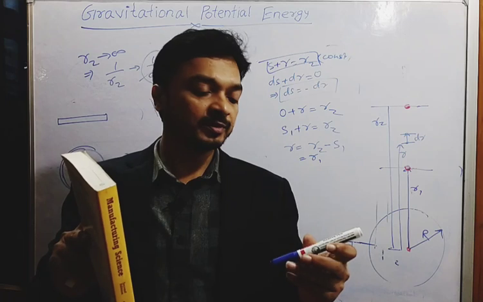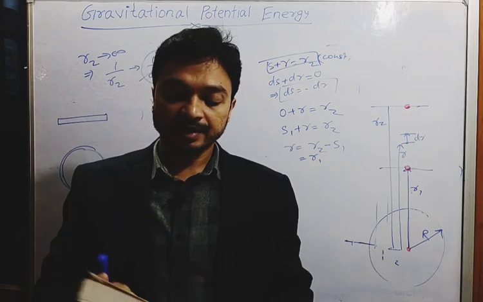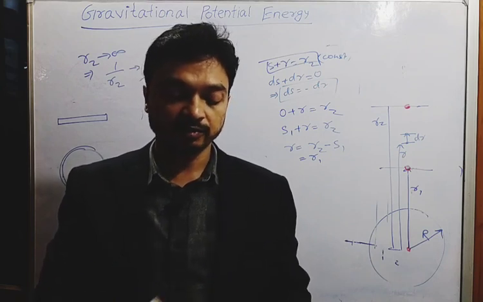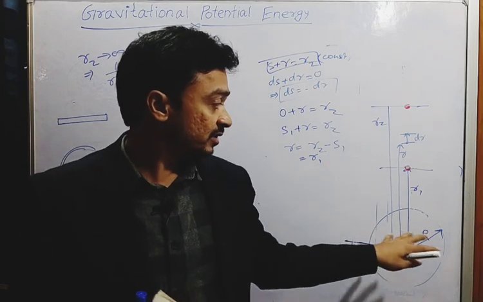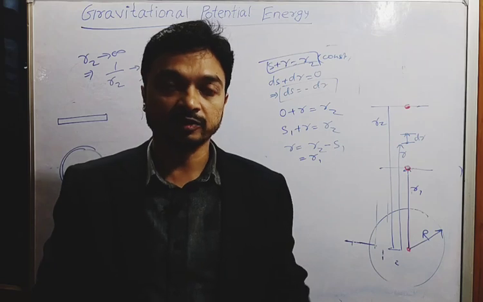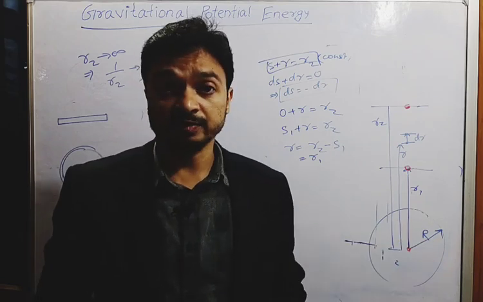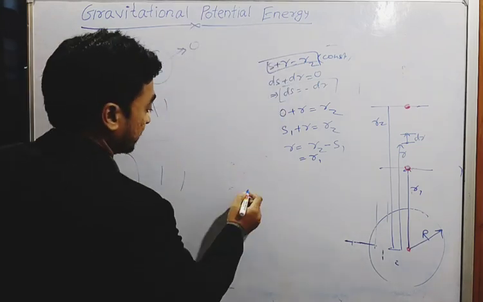It is a very weak force and generally not significant in the presence of another force we will study, like electrostatic force. So in gravitation we study bigger objects like earth, moon, sun, and generally these objects have a spherical shape.